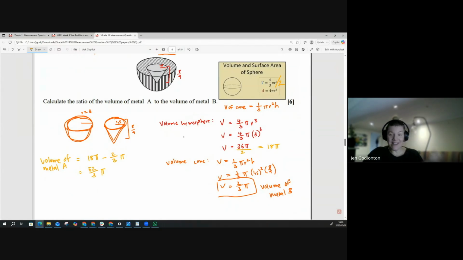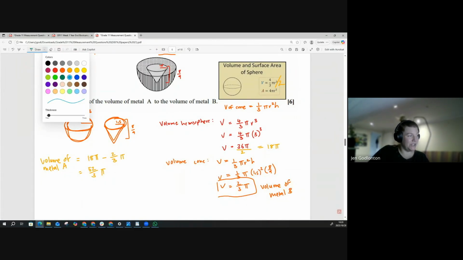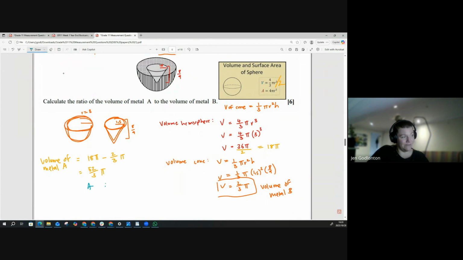Okay, so now what we're wanting to do is get the ratio of these. So if I write that out, my ratio of volume A to volume B is 52/3 pi to 2/3 pi. Now, what do we get to do when we're in a situation like this? Like if I was looking at a ratio of 2x to 5x, what is that actual ratio?